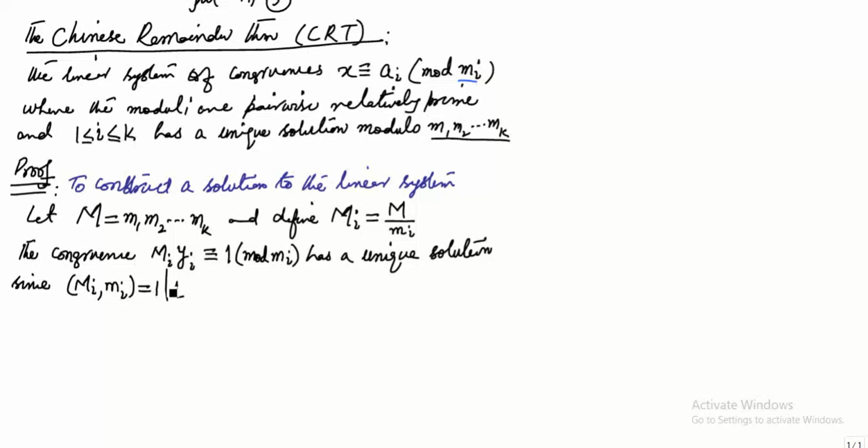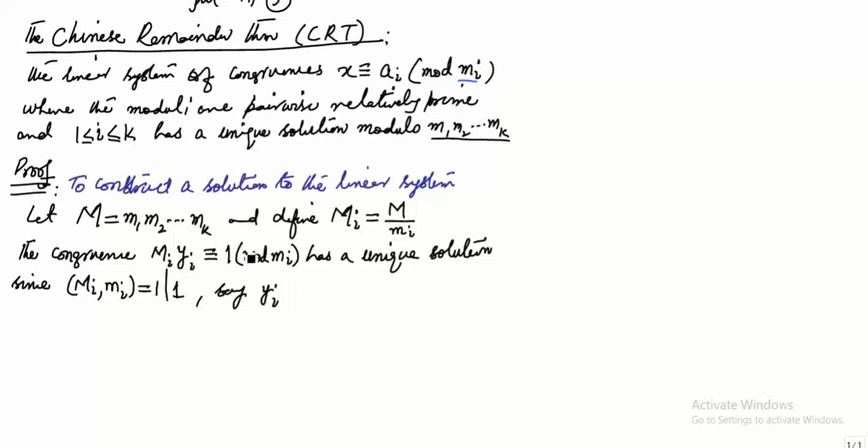Okay, and the unique solution, say yi. So yi is the unique solution, because the GCD of small mi with capital Mi is 1.